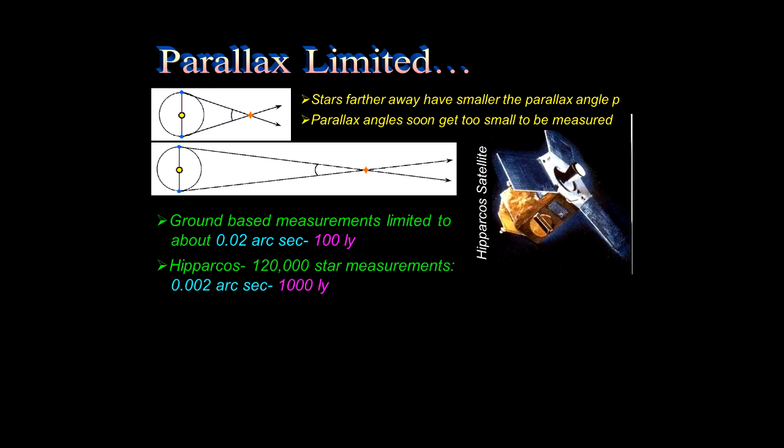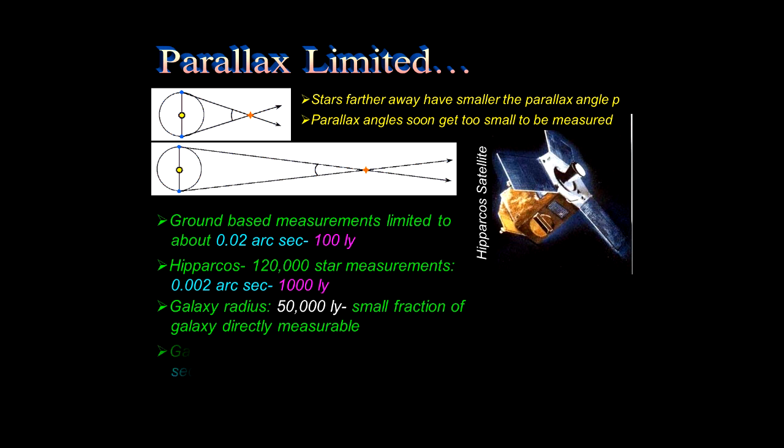The Hipparcos satellite took about 120,000 parallax measurements of stars at 10 times this resolution, not being limited by the atmosphere. So it got to about 1,000 light years into the galaxy, but the galaxy radius is 50,000 light years. So we are just a small fraction of actually measuring the entire galaxy. We're just getting our toes wet even with this.